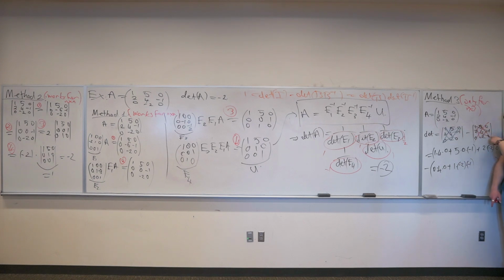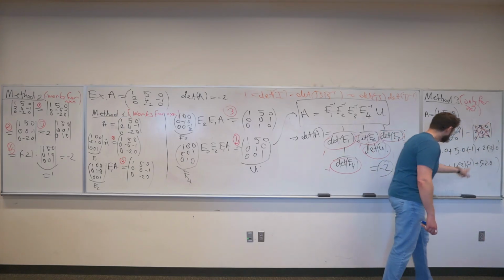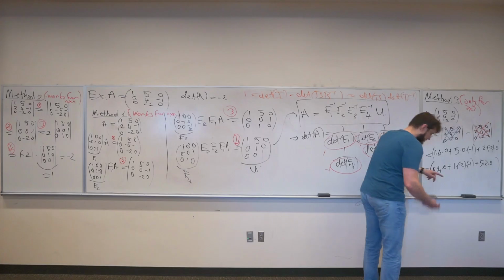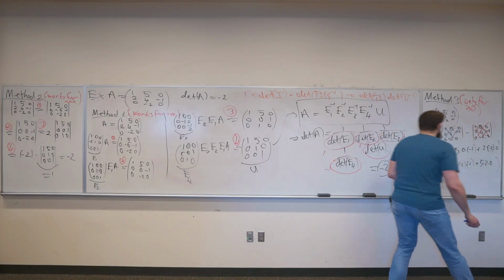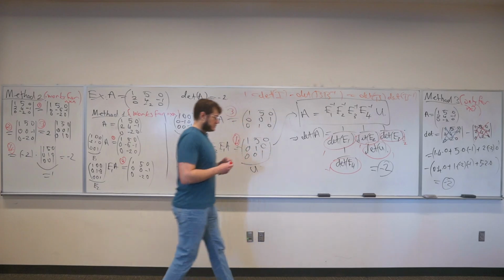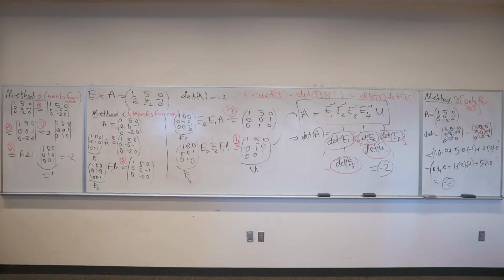Then 5 times 2 times 0. Okay. 0, 0, 0, 0, 0. That's a plus 2, but with a minus, it gives you minus 2. You can do it this way as well. This only works for 3 by 3.